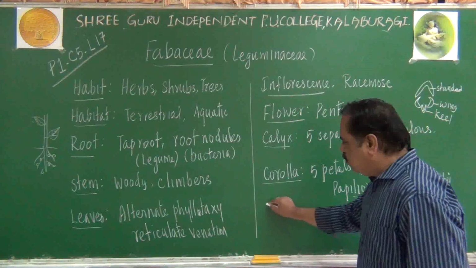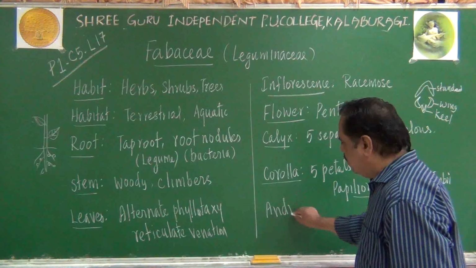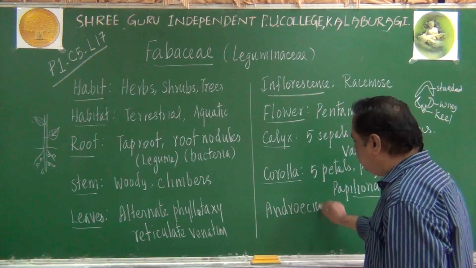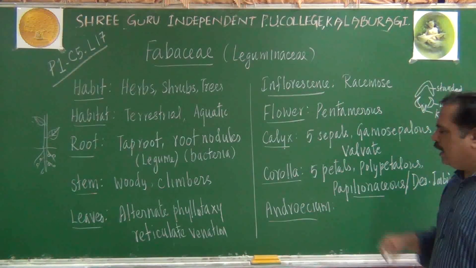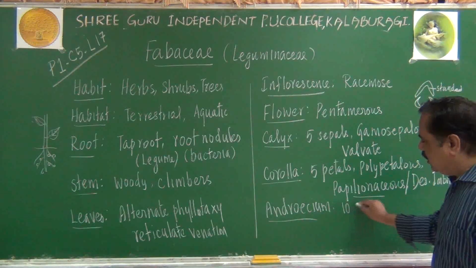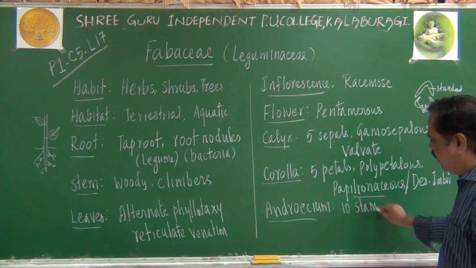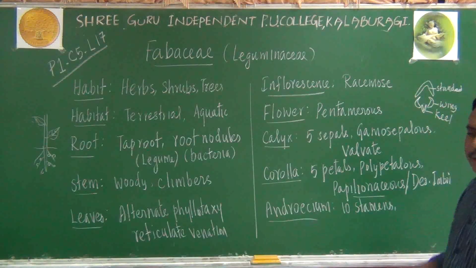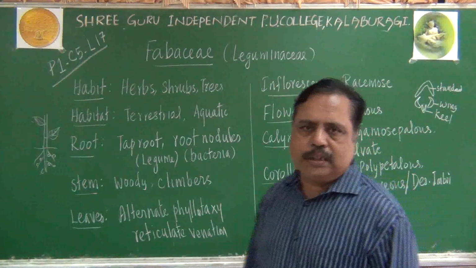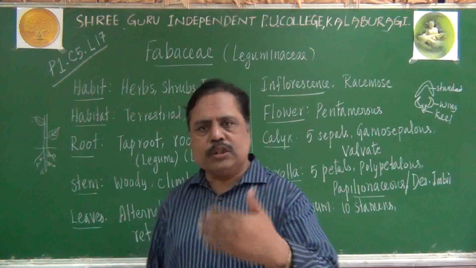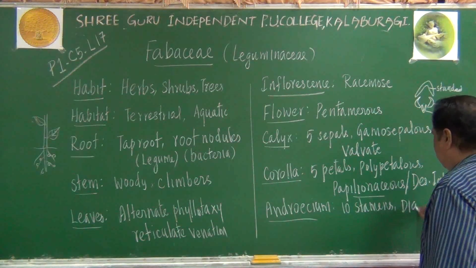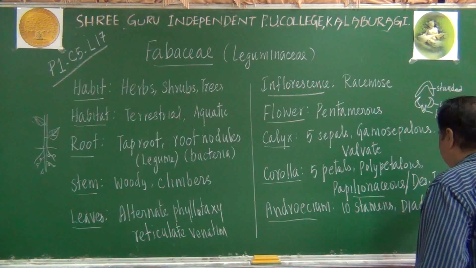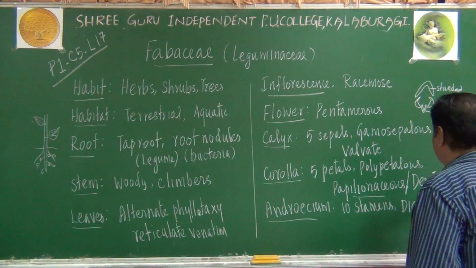When we come to the androecium, you know that the androecium is the male reproductive part. It has 10 stamens, a multiple of 5. Those stamens are arranged in a diadelphous condition. Remember this word diadelphous.